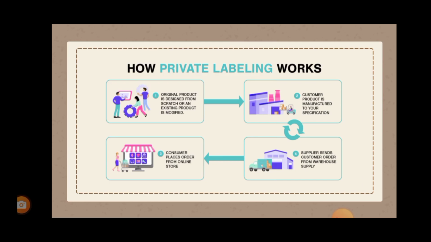So as you can see, you are personalizing the product, and then the seller manufactures the custom product to the specification the customer included during her order. And the supplier sends the customer order from warehouse supplies to the consumer. Alright? So I hope you understand the process of private labeling.